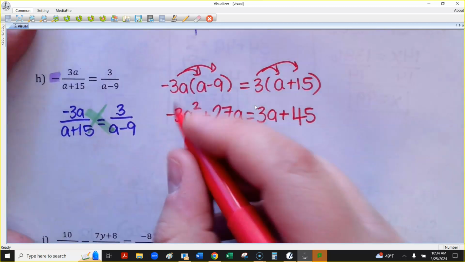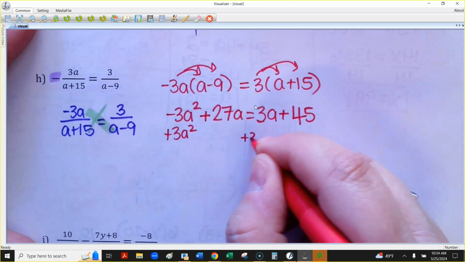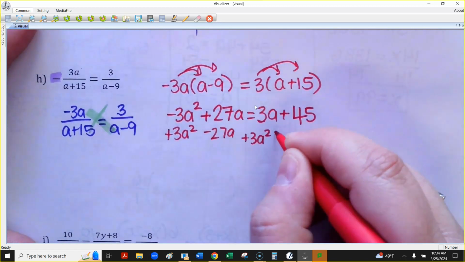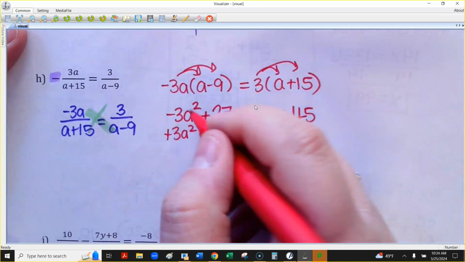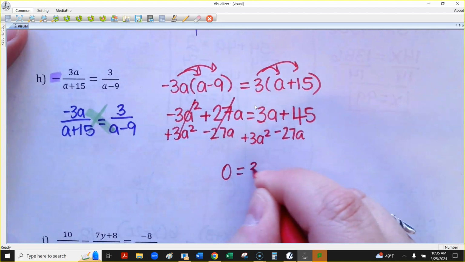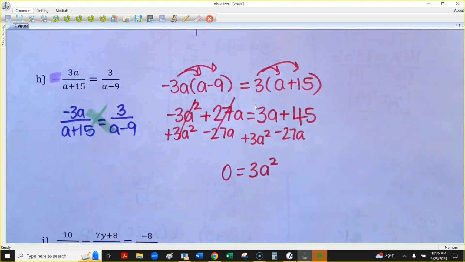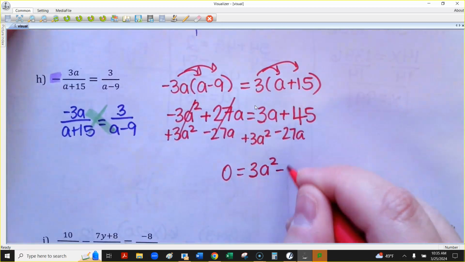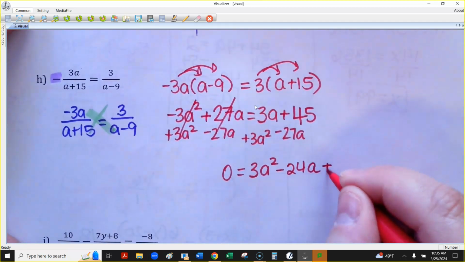I'm going to want my squared term to be positive, so I'm going to actually add that 3a squared to the other side, and then that's going to cause me to subtract the 27a, just to do it in one step. So these guys will be gone. There's nothing to combine the 3a squared with, but when I add it to the other side, it makes it positive, which makes it easier to work with. For the a's, you got 3 minus 27, so it'd be negative 24. And then just the 45, there's nothing to combine that with.